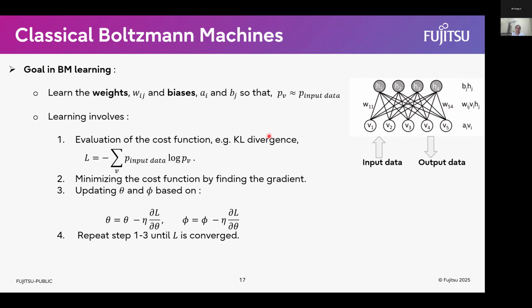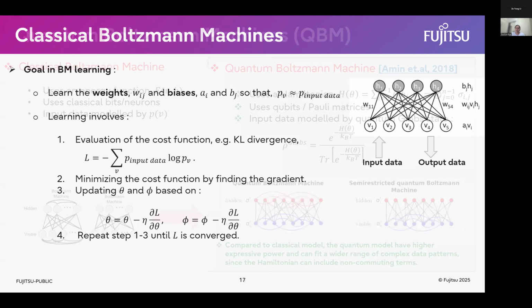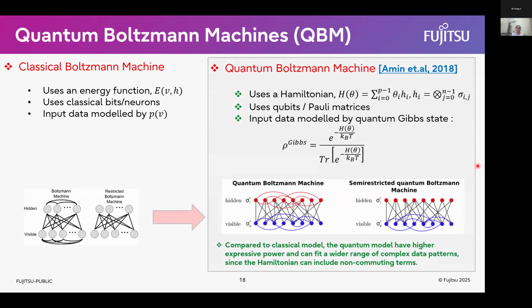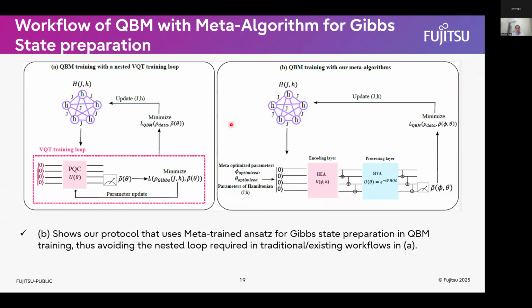So I'm skipping the classical Boltzmann section and also the brief introduction to the quantum Boltzmann machine, which I think all of us might know. Now coming to how we will be integrating the meta variational quantum thermalizer algorithms into QBM training. In the traditional way the QBM has been trained, we generally start with an ansatz where we have a parameterized Hamiltonian, and the second step involves the Gibbs state preparation.